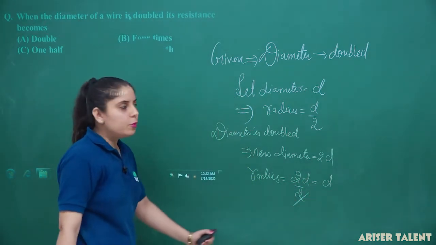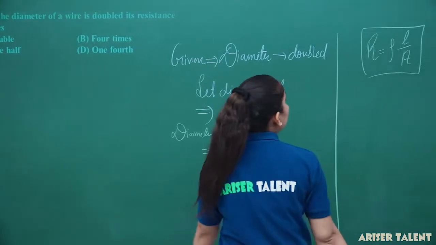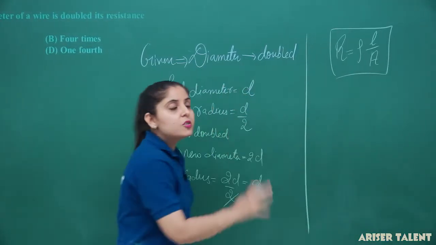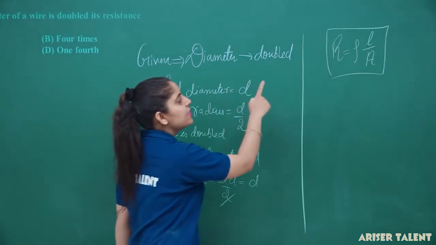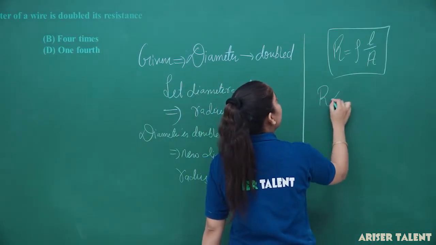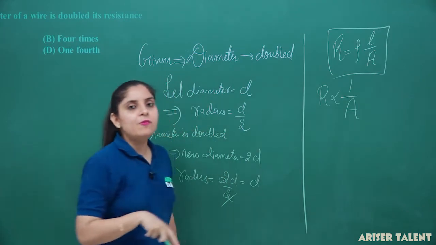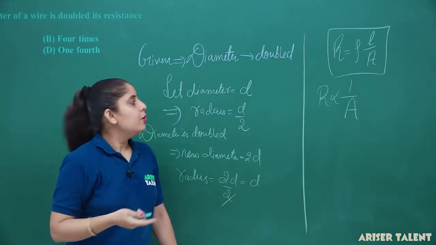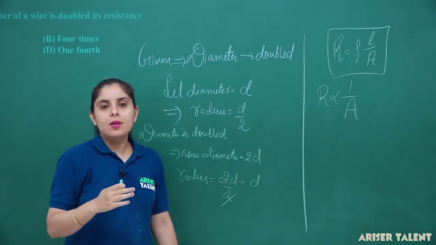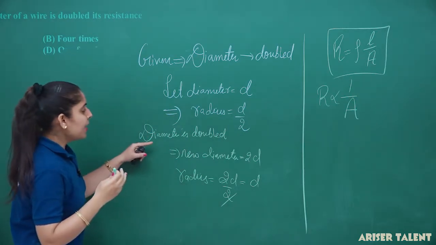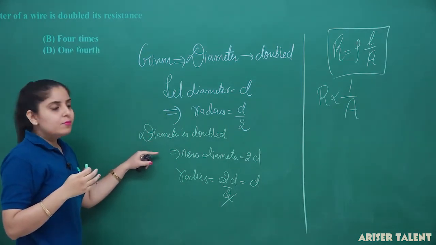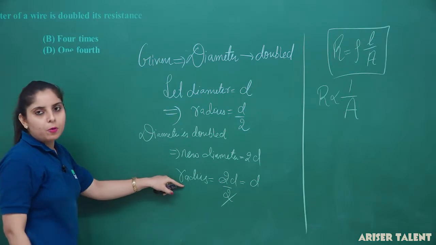Radius now will be equal to D. R equal to rho L by A. So you can see that resistance is inversely proportional to area. It means if area becomes doubled, resistance will become half. So if I am doubling the diameter, you can see that the radius came out to be D.